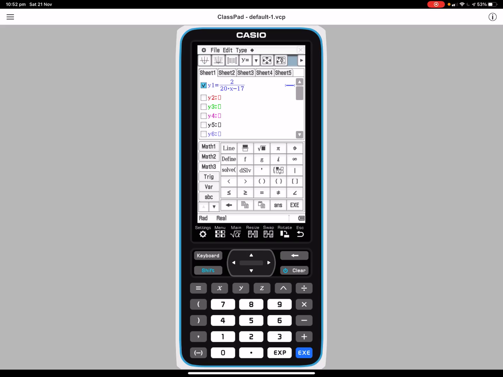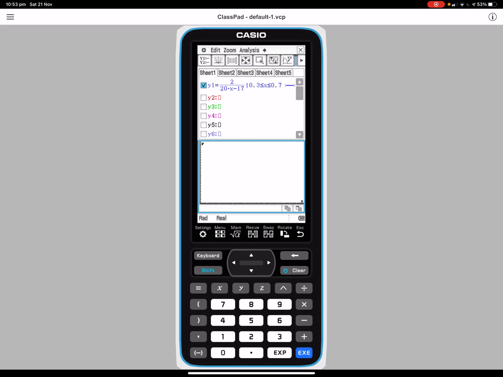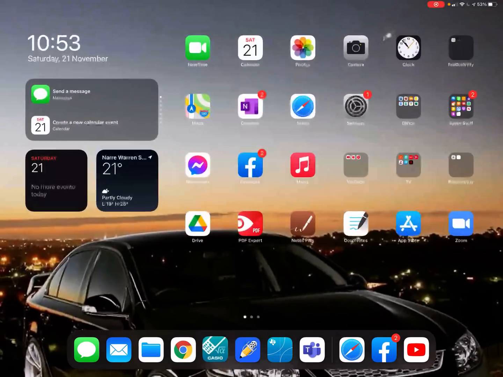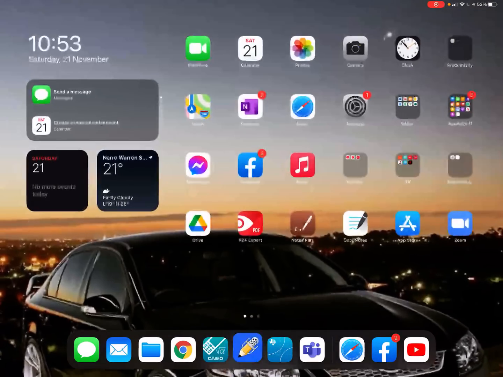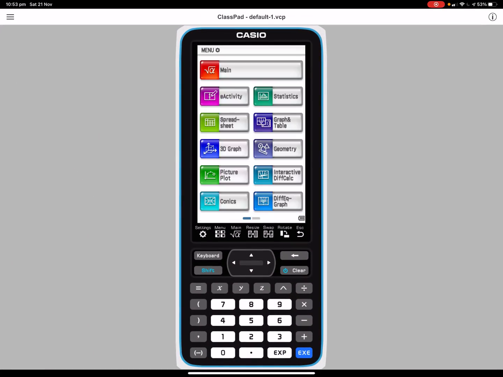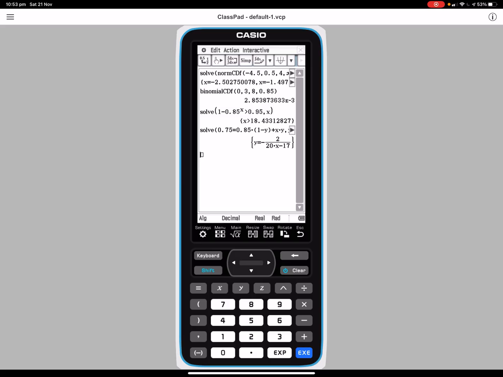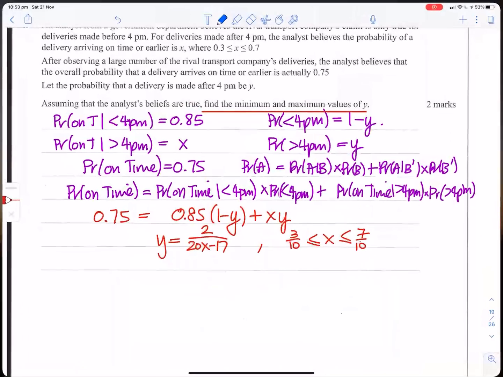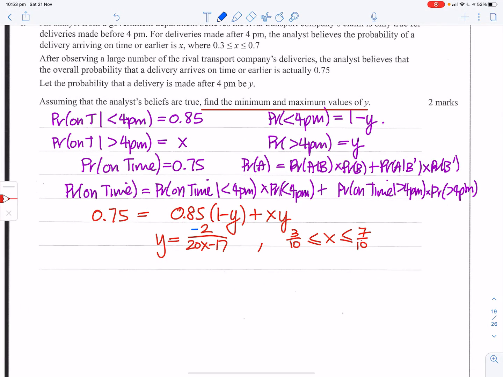And we only want it between 0.3 and 0.7. Did I stuff it up? There's a negative out the front. Okay, that makes more sense. Negative.